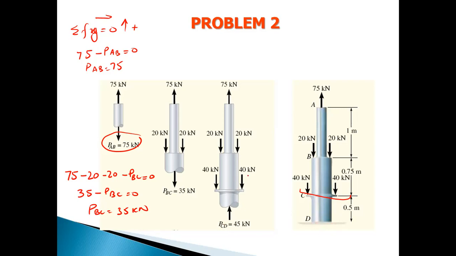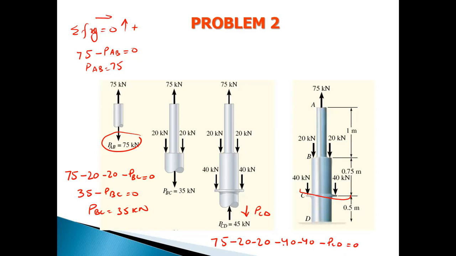Now for PCD, we cannot cut the section from downward because there is no force here. So we assume the section from here. Suppose we assume PCD downward. So 75 upward positive, 20 downward negative, minus 20, minus 20, minus 40, minus PCD equals 0.